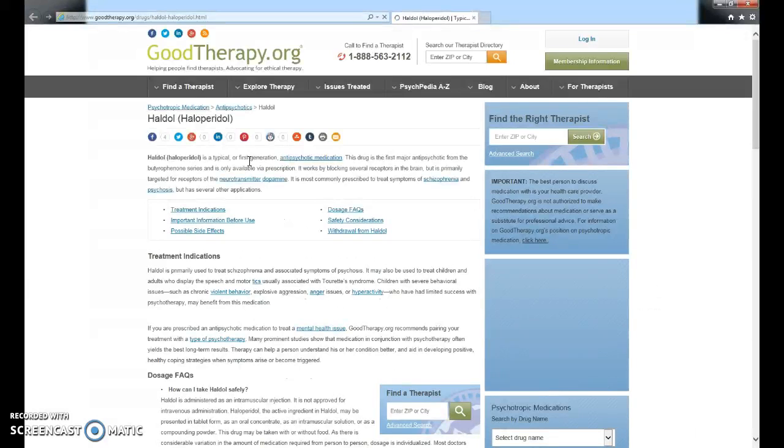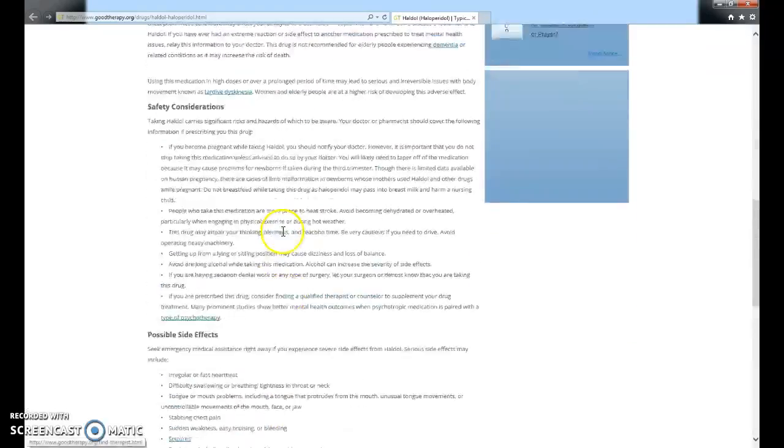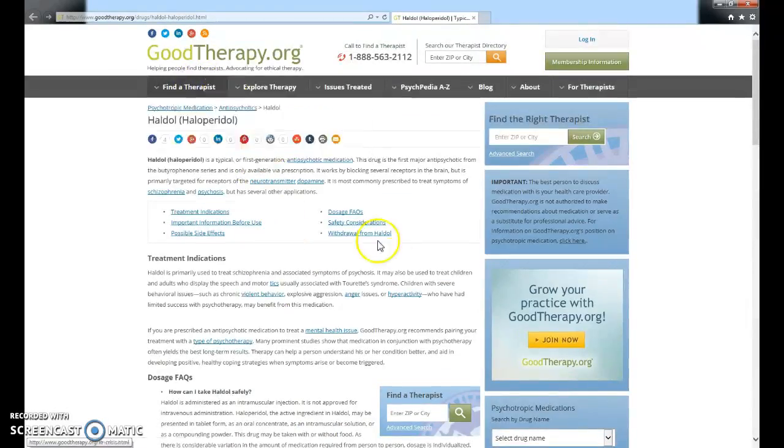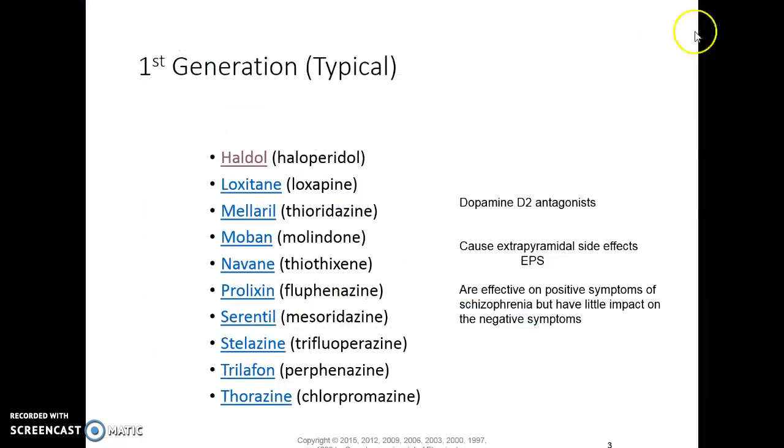If there's something extra that you want on any of these drugs, you can come over here and look at each one on Good Therapy. I went through this and they've got great information on here. Each one of these can link you right in. This will be a really good slideshow to hang on to and come back to later, because we're going to do this again in the future.